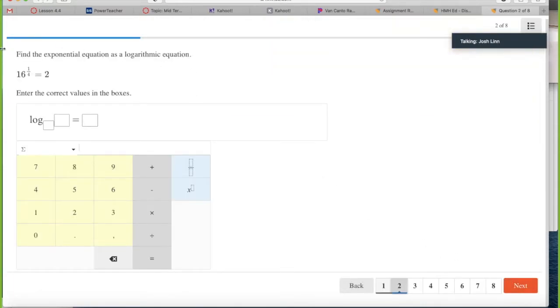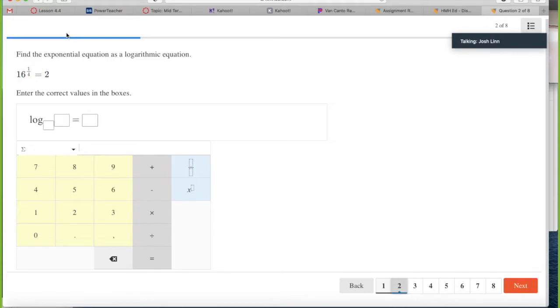So now it says find the exponential equation, express the exponential equation as a logarithmic equation. So remember, it's log base number of, that is going to give us the exponent.